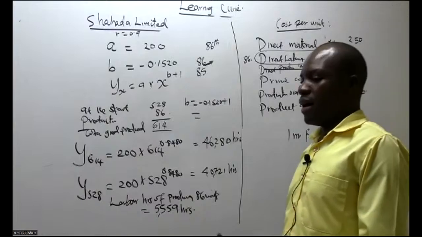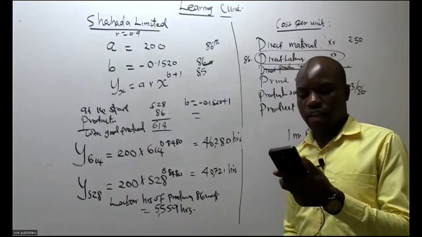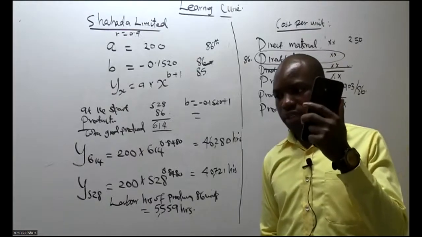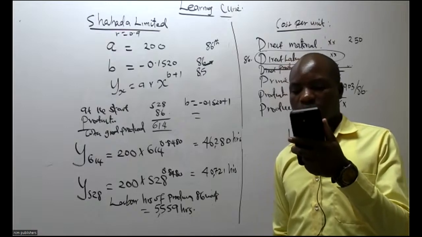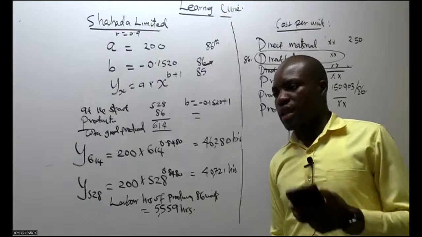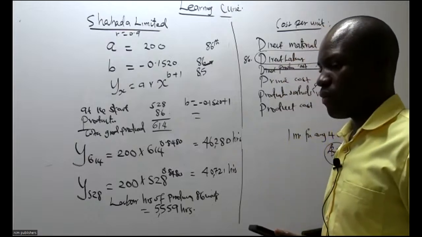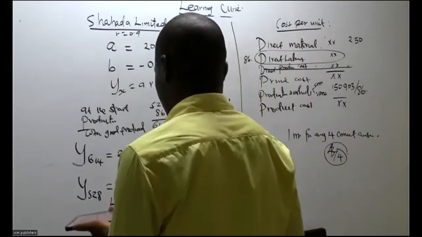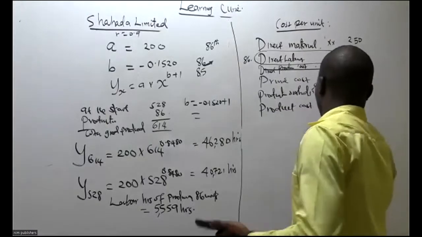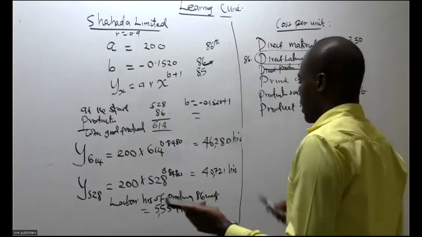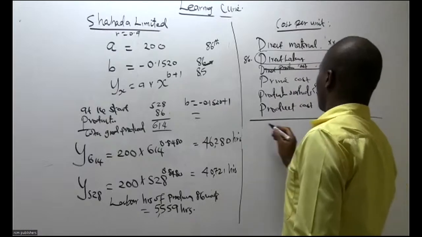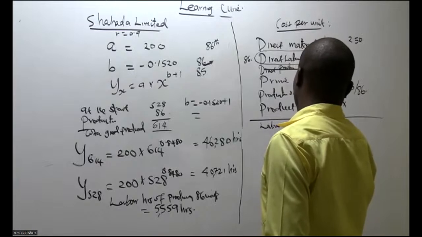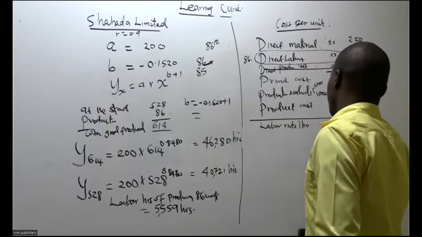Now we have 559 labor hours. Look at our additional information number 2: the standard labor cost per hour. The labor rate per hour, we are given there as 10 shillings.